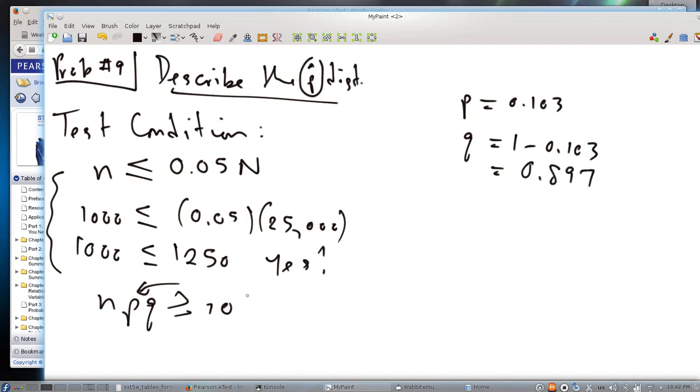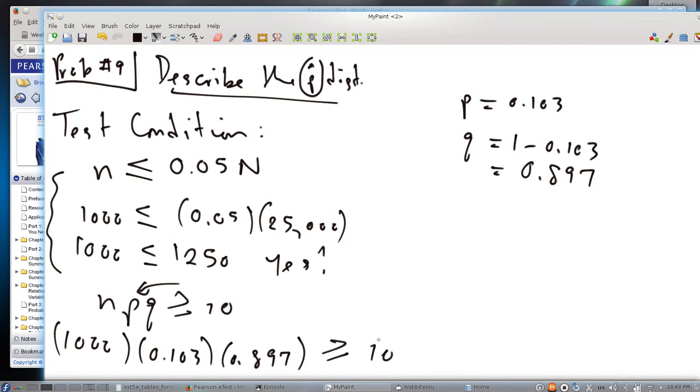And now here we have 1000 multiplied by 0.103 times 0.897. Is this at least 10? Well, let's do that. So I have 1000 multiplied by 0.103 multiplied by 0.897, and that gives me 92.